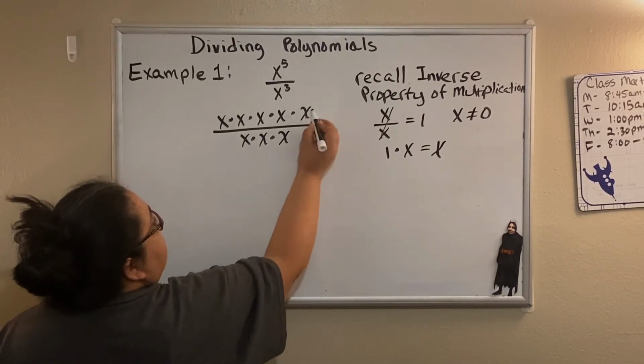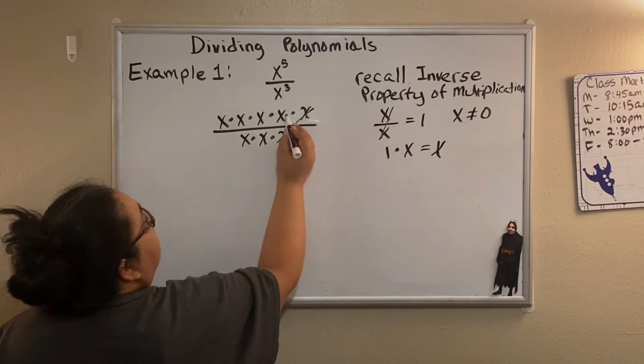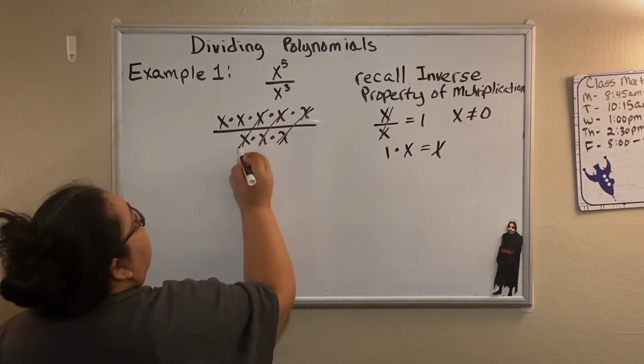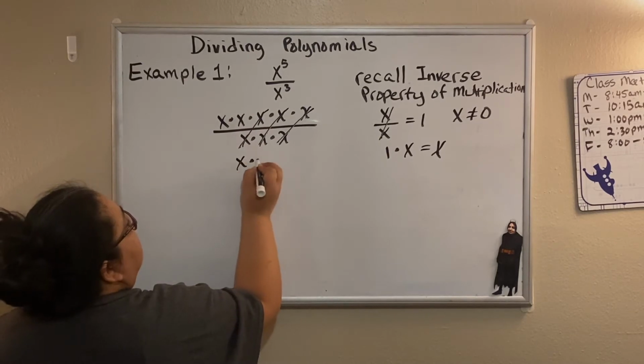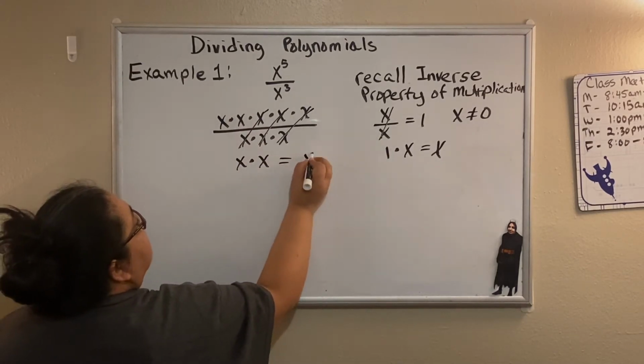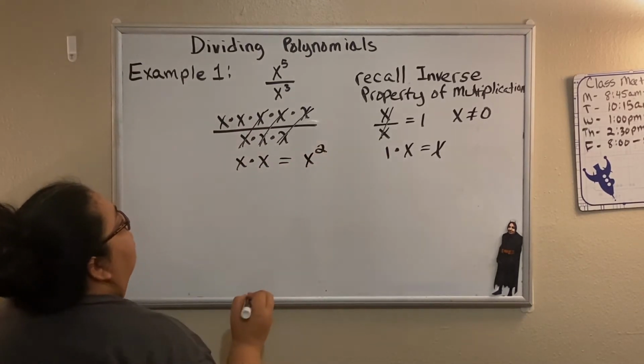Here's an x, that reduces to a 1. These reduce to a 1, and these reduce to a 1. So I'm left with x times x, which equals x squared.